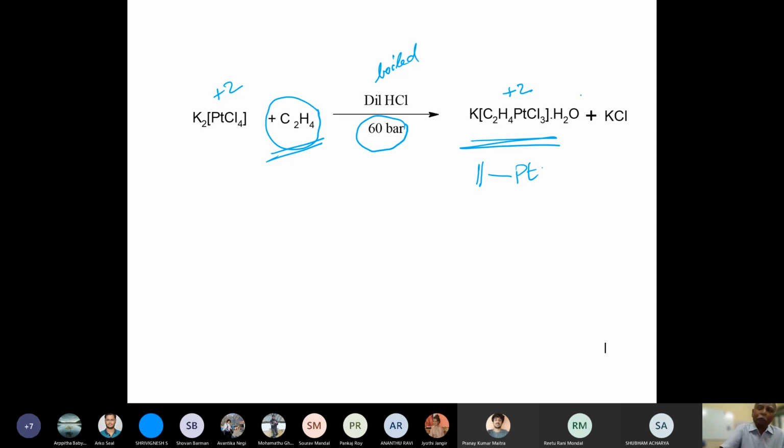And the second point that I want you to notice is that it has a molecule of water in it. The general idea that you have organometallic compounds only in the absence of water is not really right.